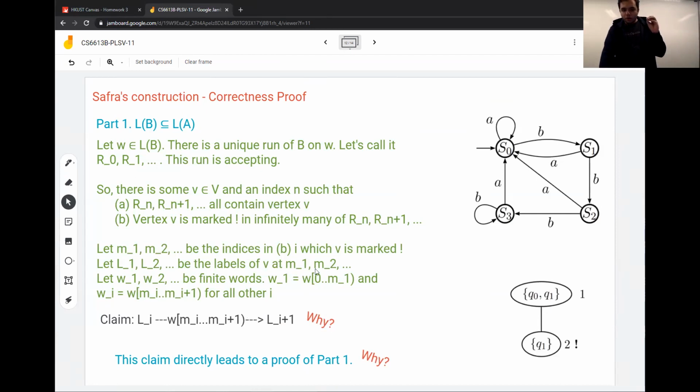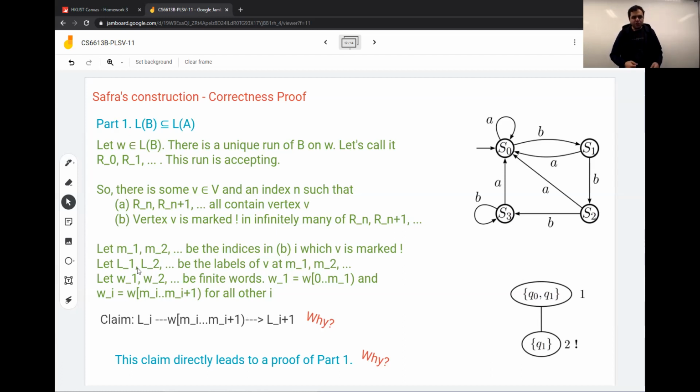So I'm looking at all those indices, and I'm looking at the labels of this vertex at those indices. Okay, so let's say that I'm at the i-th index where this has happened. So I have a Safra tree. This Safra tree has the vertex V, and the vertex V is marked with an exclamation.